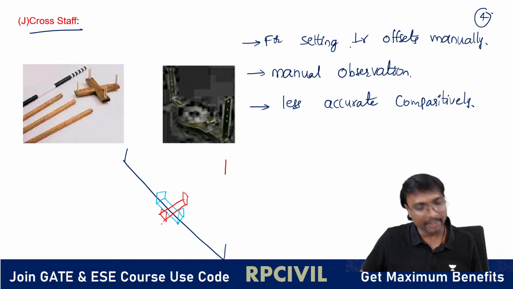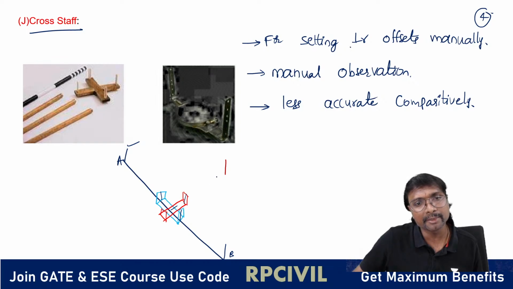What you will be observing, if you just observe from here, is that this crosshair must be coinciding with the ranging rod at A, and this hair must be coinciding with the ranging rod at B. And through this, this hair must be coinciding with the ranging rod at C. Then only you can say that this is perpendicular, or 90 degrees is maintained.